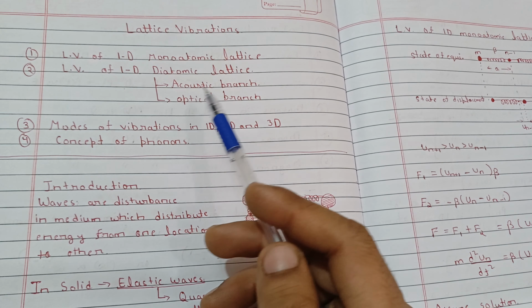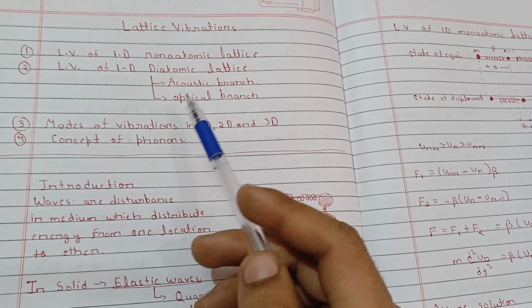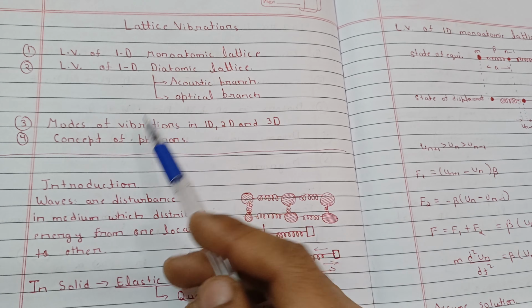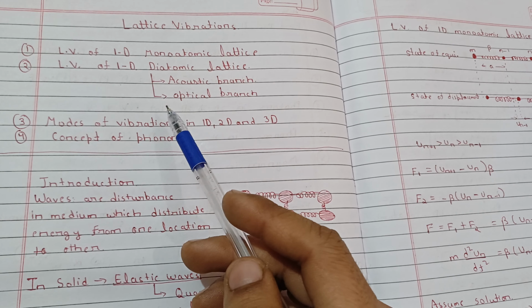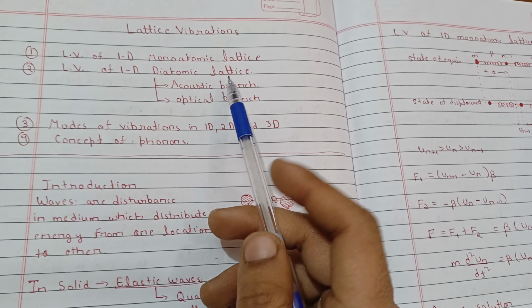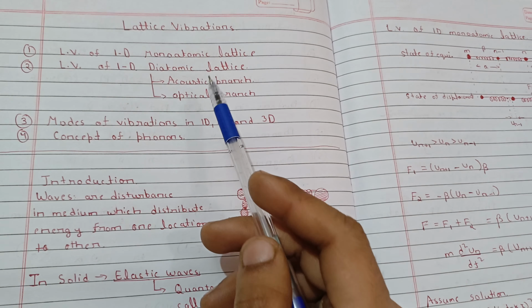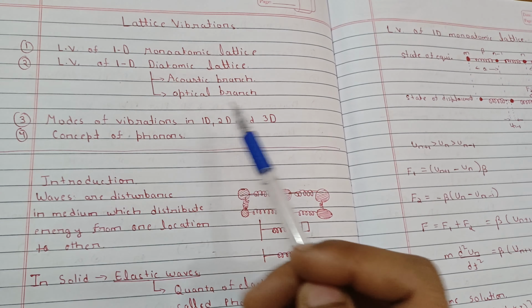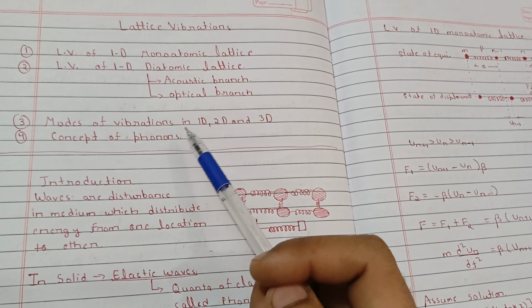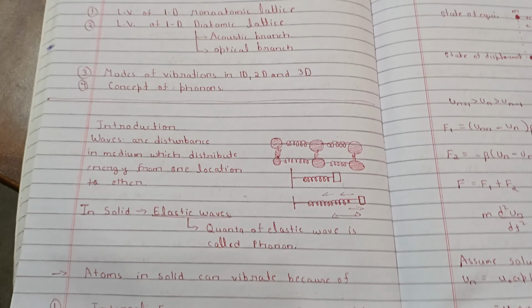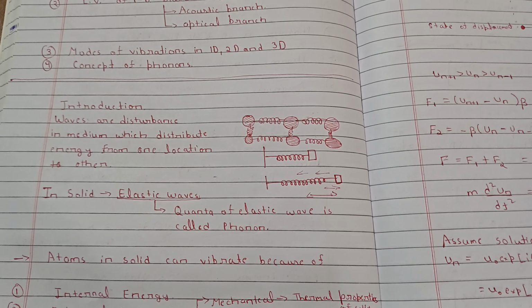If we find something which is diatomic, we will study the vibration of those, meaning there are two atoms in a molecule. And then we will study those vibrations, their modes in 1D, 2D, and 3D cases. Then the concept of phonon.